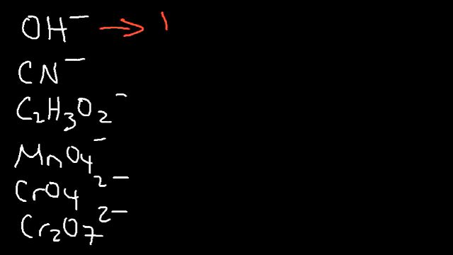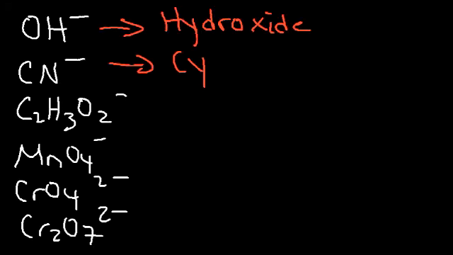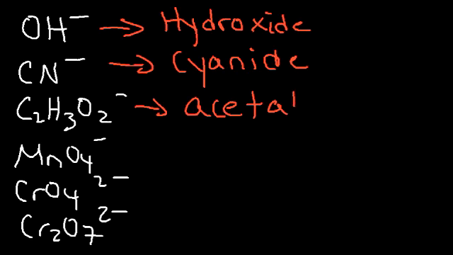So OH minus is called hydroxide, and CN minus is cyanide. C2H3O2 minus, this is called acetate, and here we have permanganate, and this is called chromate, and this is dichromate.